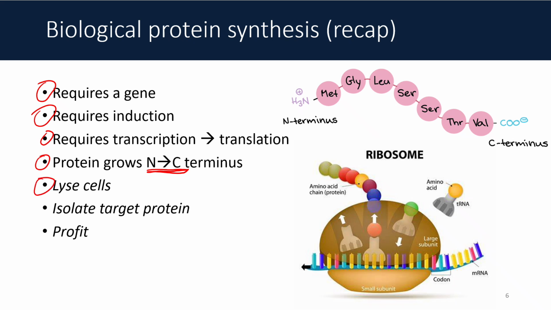You have to kill the bacteria that have been faithfully working for you. You need to bust open those cells and harvest the protein out. Then you gotta purify it, do quality control, and then you're able to sell it and get your profit. And then you start all over with a new batch that you had set aside earlier.